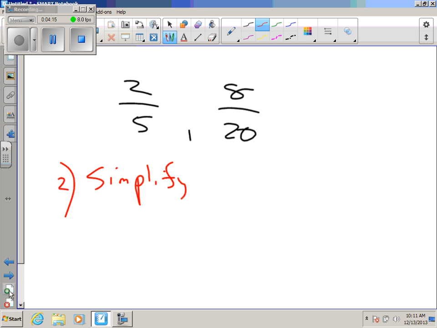Can you simplify 2 to 5 any more than it already is? No. How about 8 to 20? Can we simplify that? Do they have anything I can divide both 8 and 20 by, Austin? 4. What is 8 divided by 4, Austin? What is 20 divided by 4? 5. Now you have 2 to 5, 2 to 5. They're the same. Simplifying is an option.